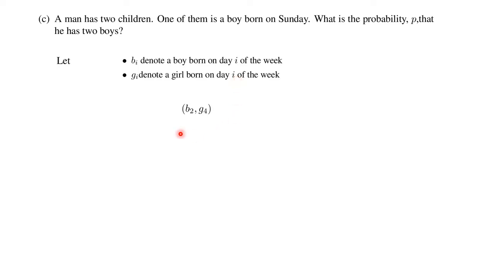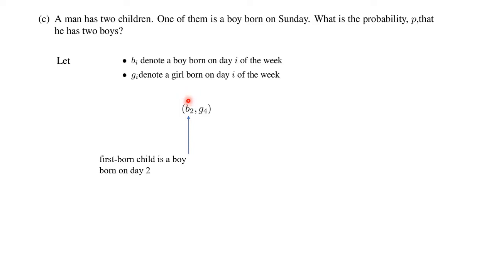So here's the setup. Say we have the sequence. We'll call this a birth sequence. Then if we have B2, G4, that indicates that the one in the first position here is the firstborn. So we're dealing with sequences, and the position in the sequence reveals when the child was born.